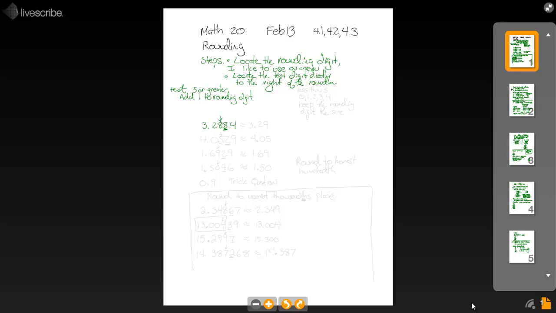And that is the situation that we're currently in. The test digit is bigger than 5. And so we round up to make it 9.